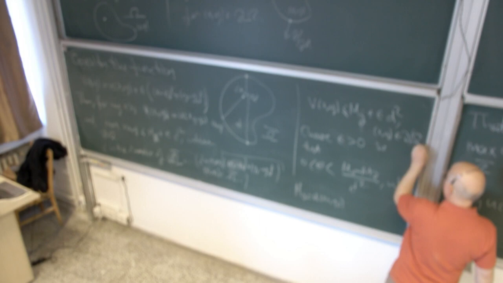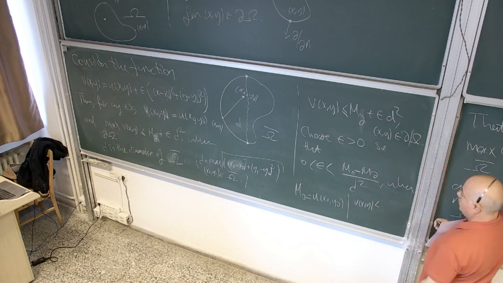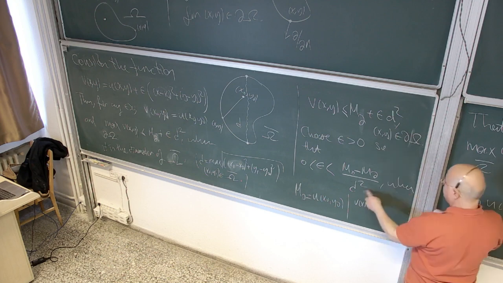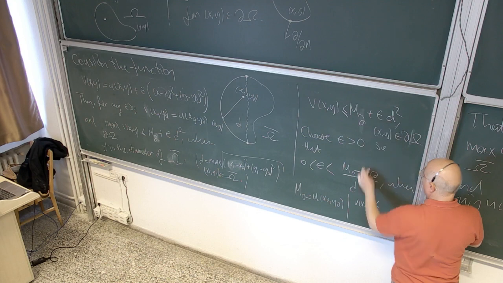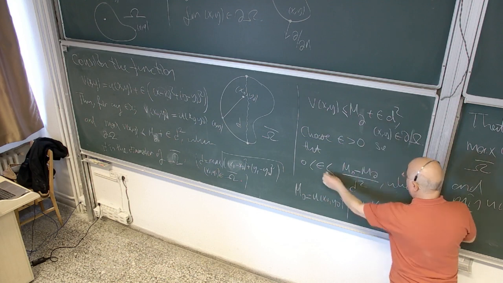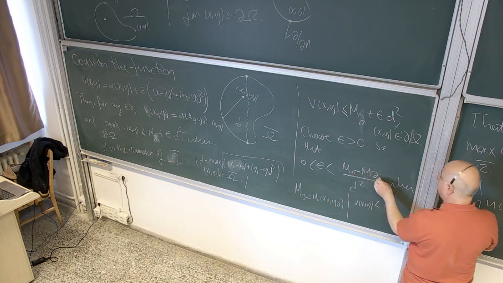Evet. Şimdi epsilon'u böyle seçersem, bu pozitif sayı bölü d kareden daha küçük. O zaman bu durumda vxy epsilon'u böyle seçerdim. D kare ile çarparsam, so epsilon times d squared is less than m0 minus m delta.